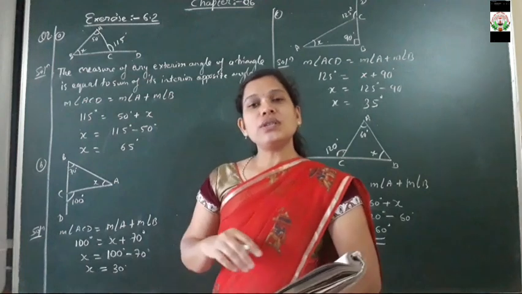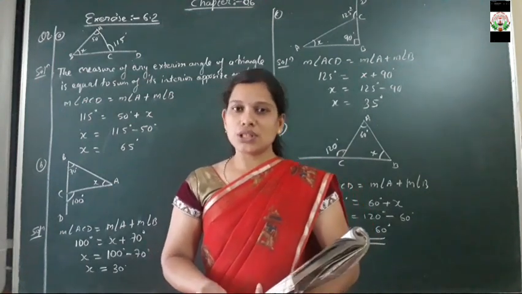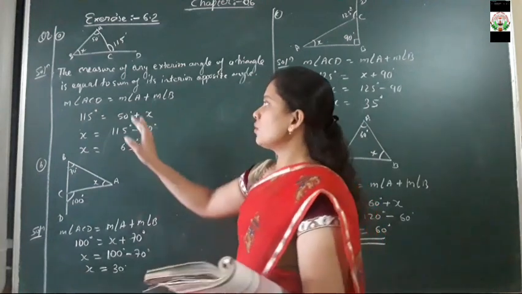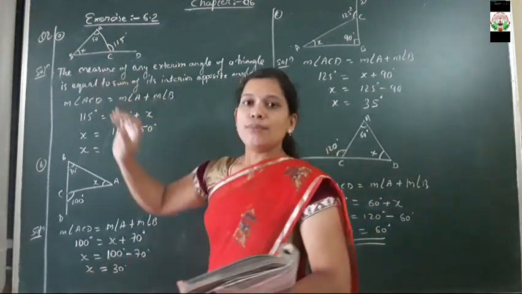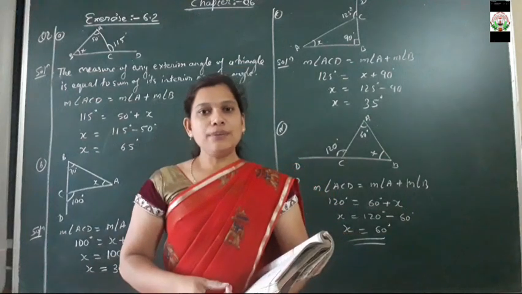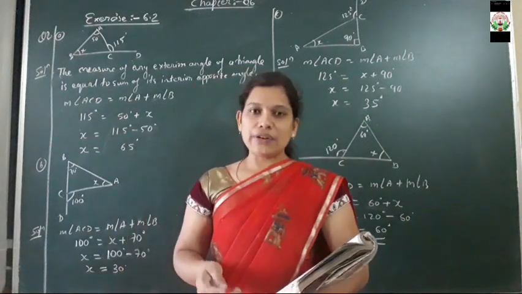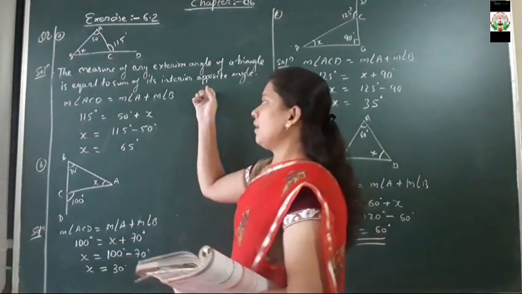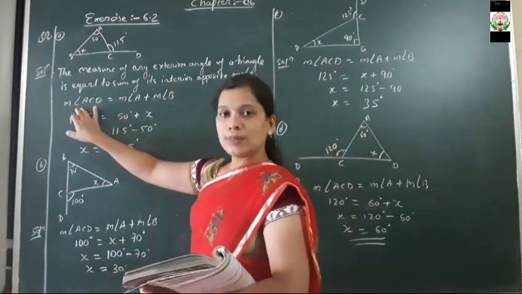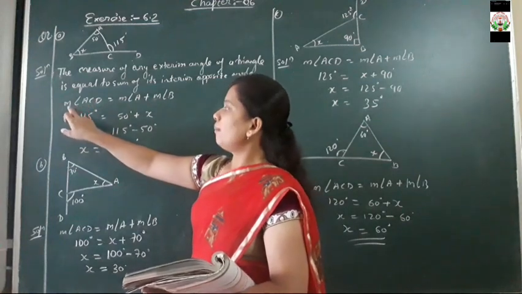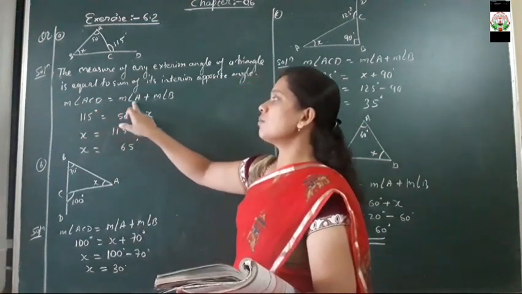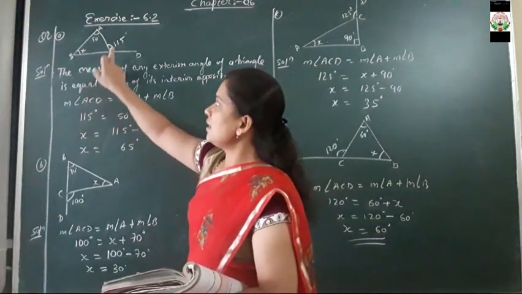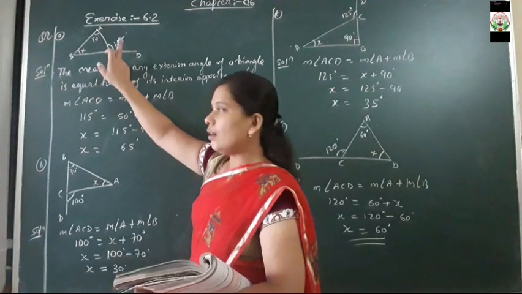So dear student, using the same property as we used in question number 1, we are going to solve this question also. What is the property? The measure of any exterior angle of a triangle is equal to the sum of its interior opposite angles. The mathematical representation is measure of angle ACD is equal to measure of angle A plus measure of angle B, where measure of angle ACD is the exterior angle, that is 150.